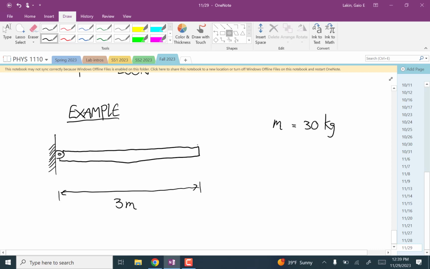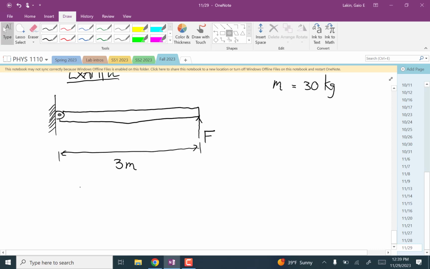And if we're applying a force upwards at the end, the question is, how big does that force F have to be for this to have no angular acceleration? So what F is required for an angular acceleration equal to 0?